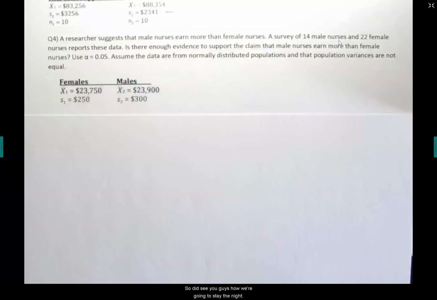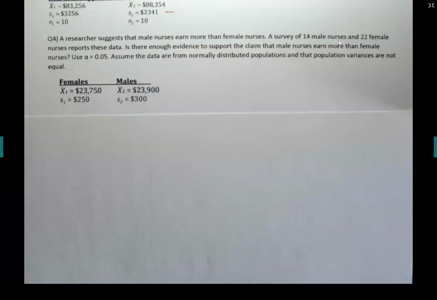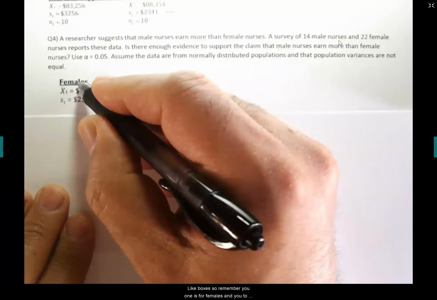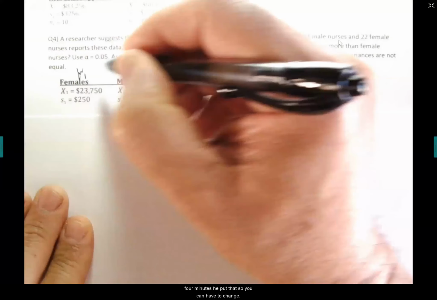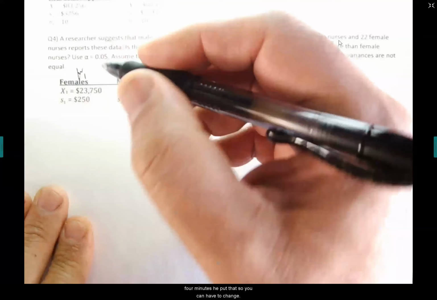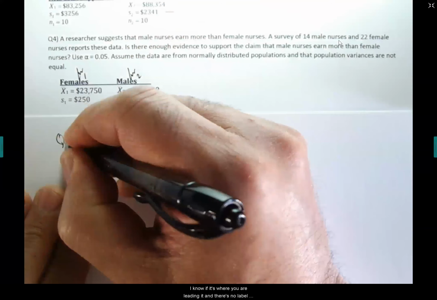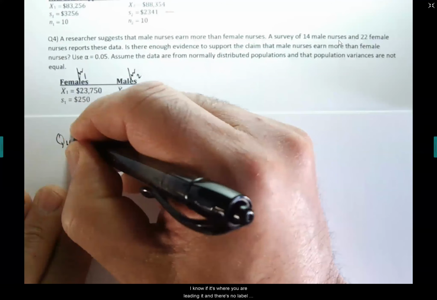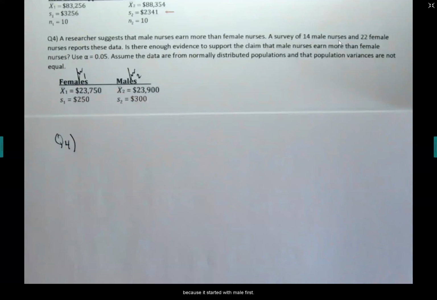So let's see, guys, how we're going to state the null and the alternative hypothesis. So remember, mu1 is for females and mu2 for males. He put that, so you cannot change that. I know if you were reading it and there were no labels, you would have done 1 for males and 2 for females because he started with male first.